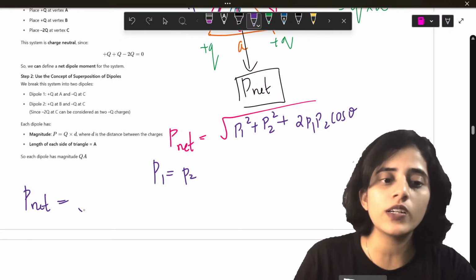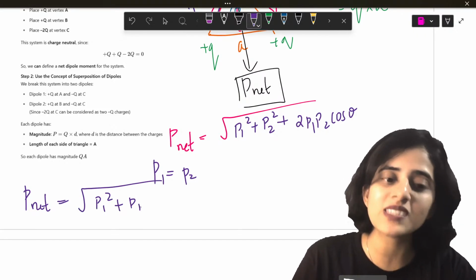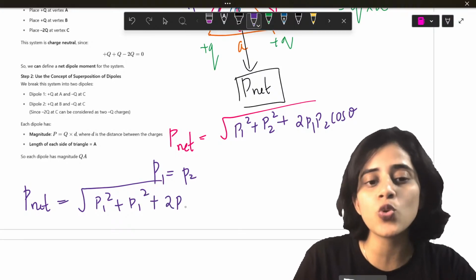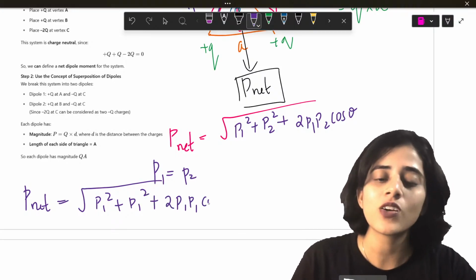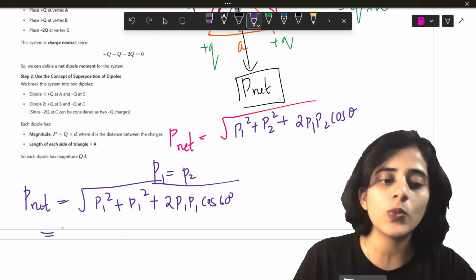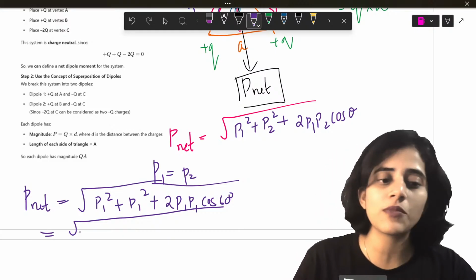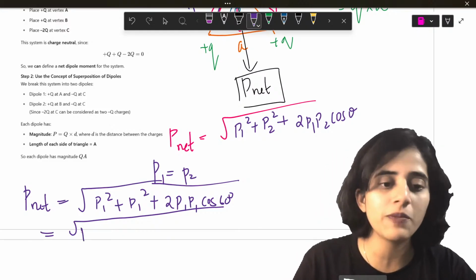P net will be equal to square root of P1 square plus P1 square plus 2P1 P1 cos the angle, which is 60 degree. Now I can take P1 square outside, there are so many P1 squares.